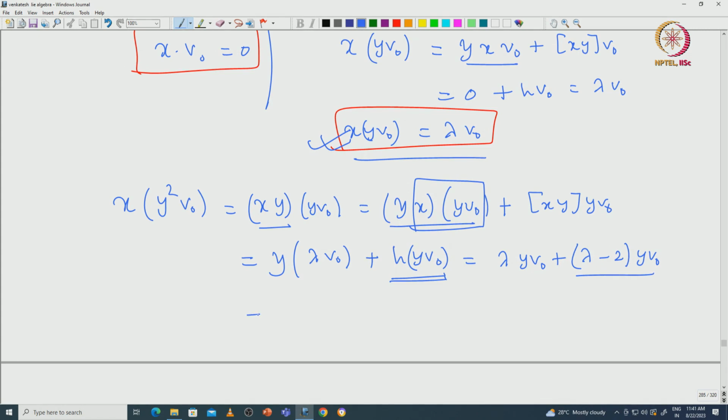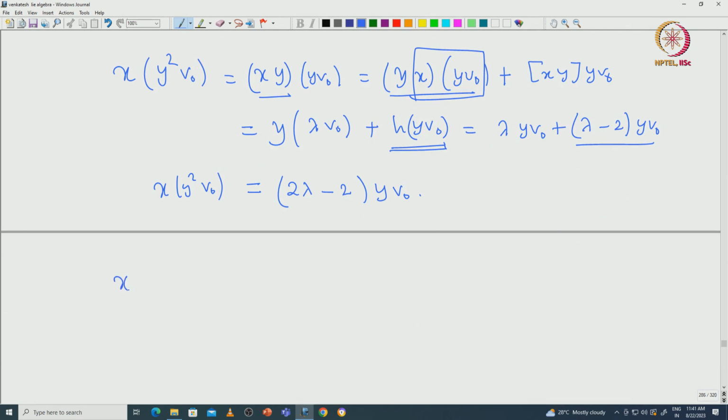So this says x y square V naught is nothing but 2 lambda minus 2 times y V naught.